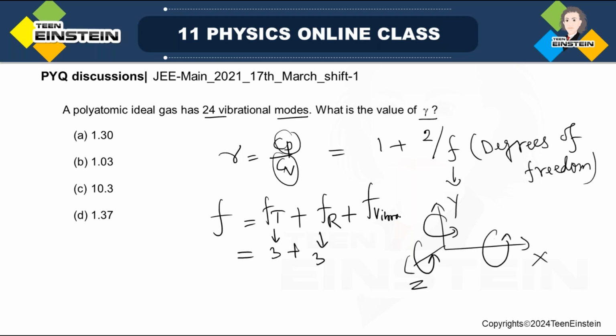And I have vibrational degrees of freedom. If vibrational modes are not mentioned, then we generally don't consider them, but when they are mentioned, we have to consider them. Here there are 24 vibrational modes. So what will be the number of degrees of freedom due to vibrational motion?